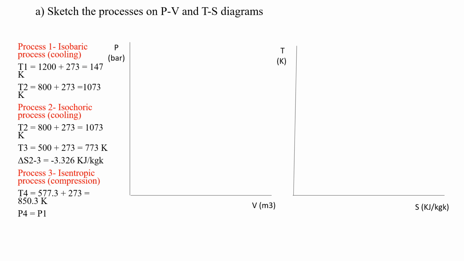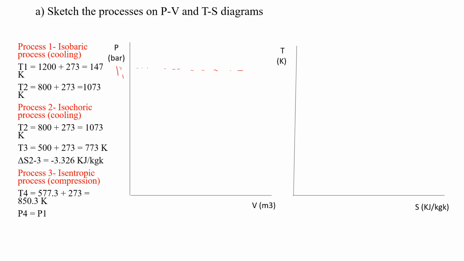So we start with PV diagram process 1. As process 1 is isobaric process, we consider a constant pressure dotted line, which is P1.